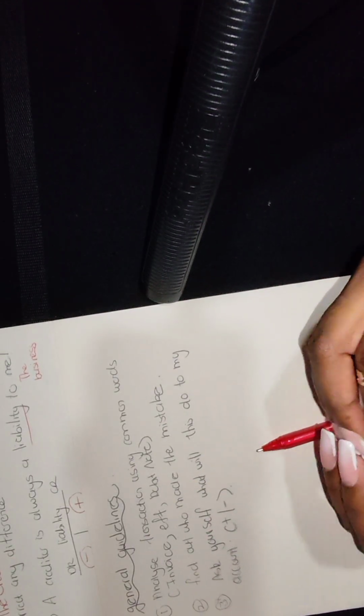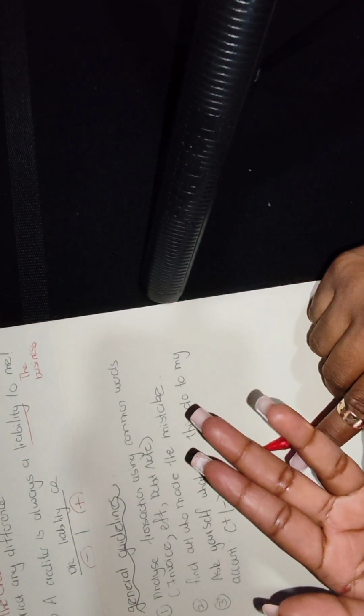All right. Underline these keywords when you see them, then you're going to find out who made the mistake. When you are comparing in the creditors reconciliation, it's either that you made the mistake or the creditor made the mistake.